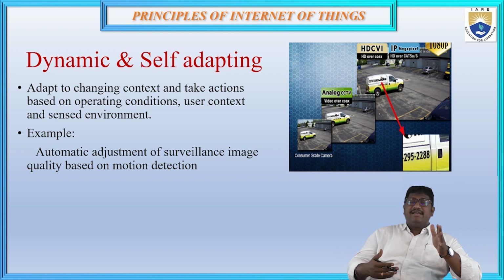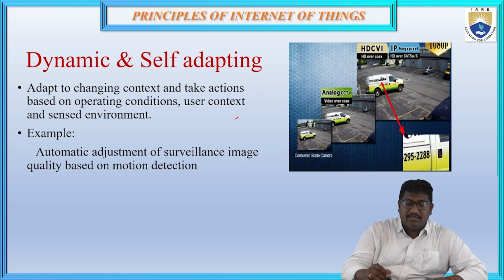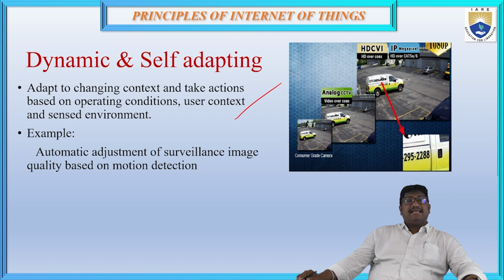In a similar way, our IoT systems should also be dynamic and self-adaptable. By this characteristic, we are able to change the context, as well as take some actions based on conditions. Example: automatic adjustment of surveillance, done based on image quality and motion detection.